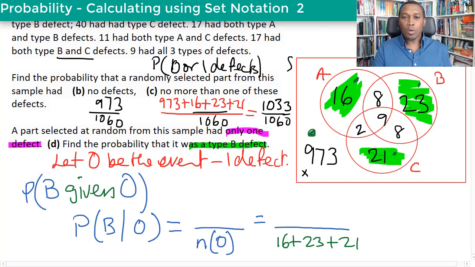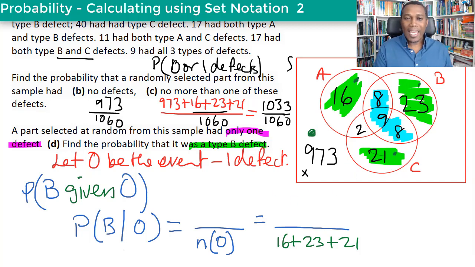Just to be clear about this, remember that this section, I'll put it in blue, these parts of the set B, the 9, the 8, and the 9, we're not counting those. They don't fit in at all because they are not representing parts that have one defect. So they don't count at all.